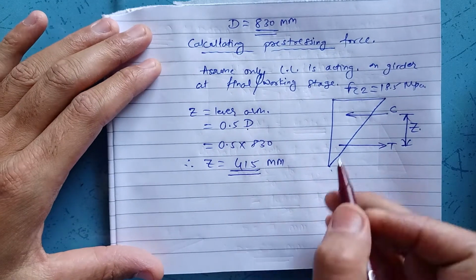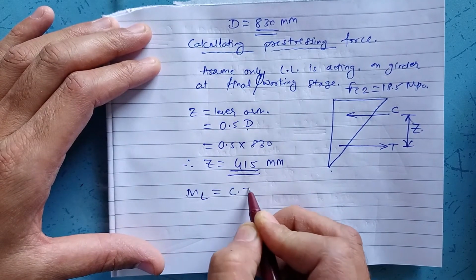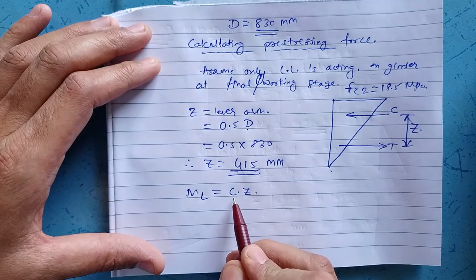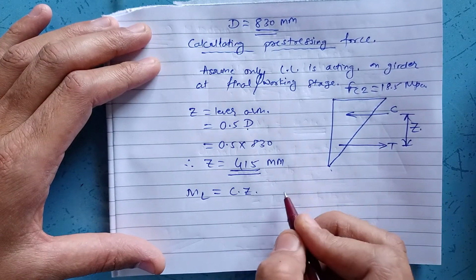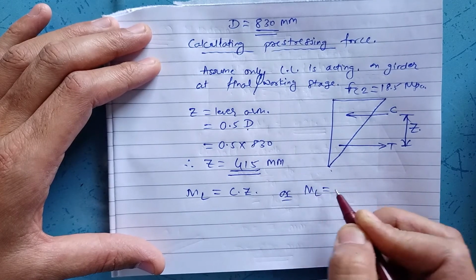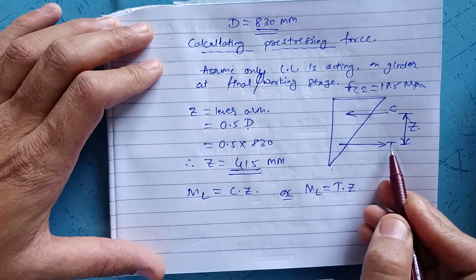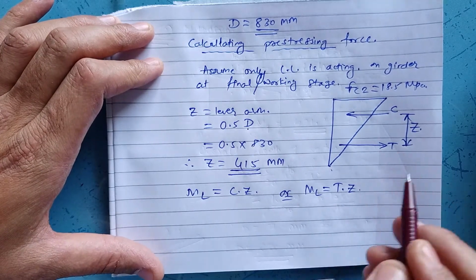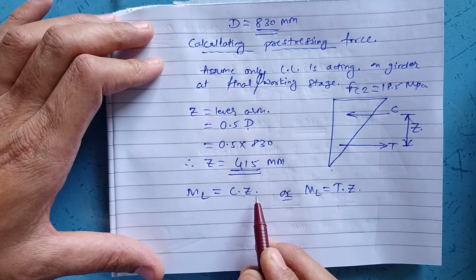Now here the moment due to live load will be ML equal to C into Z, where C is the compressive force, or ML equal to T into Z, where T is the tensile force and Z is the lever arm. As you know, moment is nothing but force into perpendicular distance.